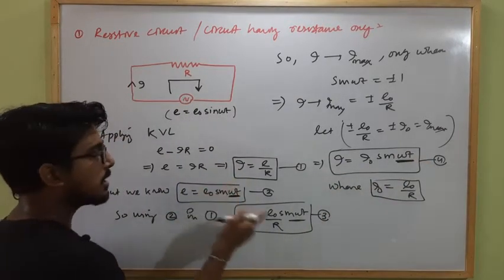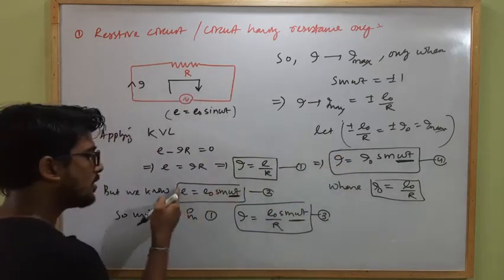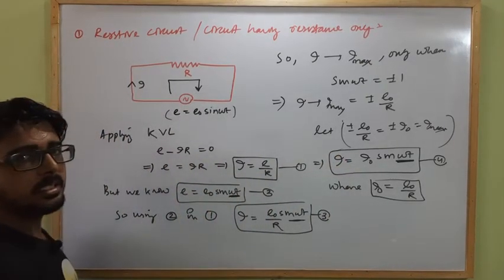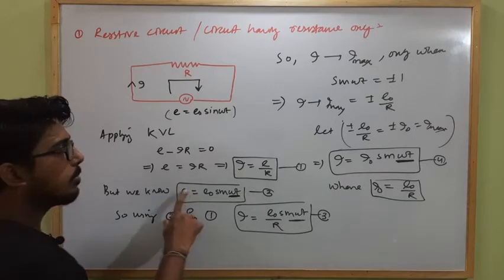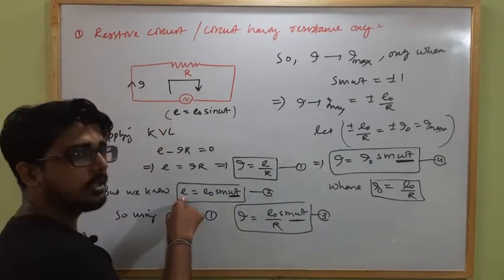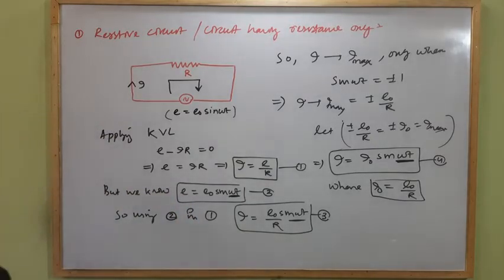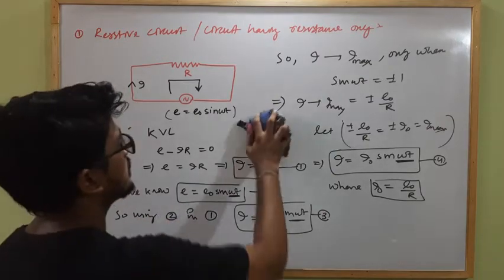So at the same instant, where is the current, the instantaneous current? That is the position for the instantaneous EMF. Clear? So from equation 2 and 4 we conclude that the instantaneous alternating current and alternating EMF both are in the same phase.